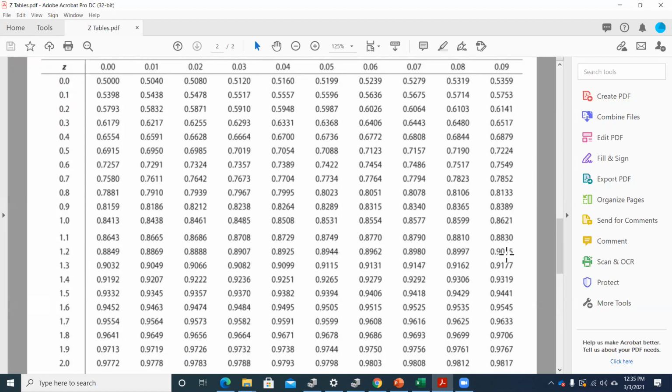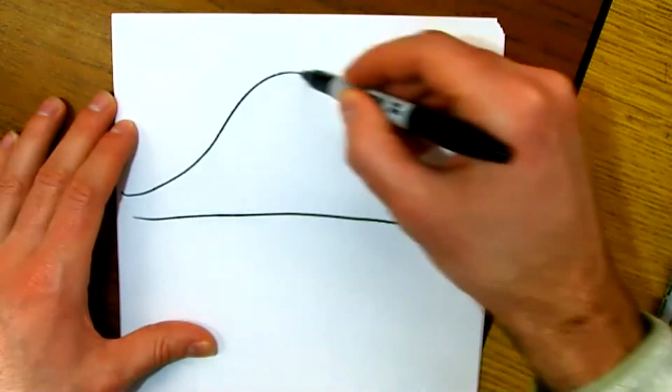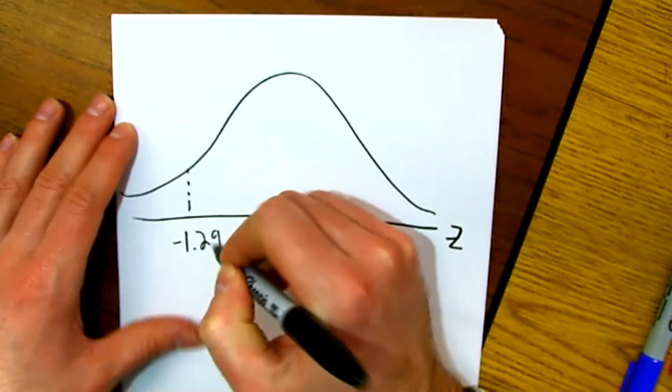Okay, so just to give you an idea here, I'll switch back and forth in a second just to show you where I'm getting these numbers. So let's say I've got these z-values. The first z-score we looked up was negative 1.29.